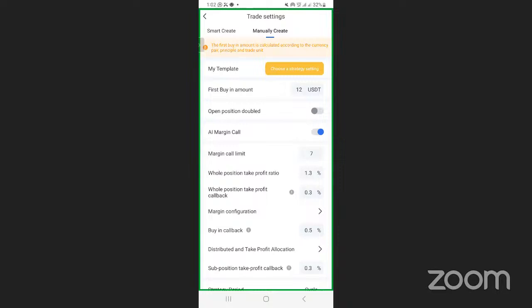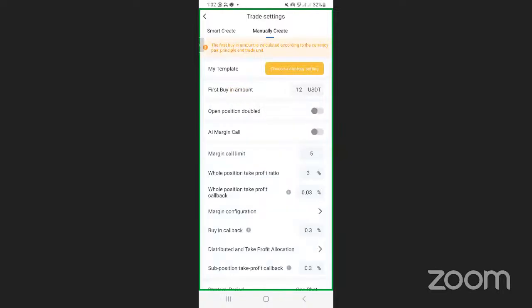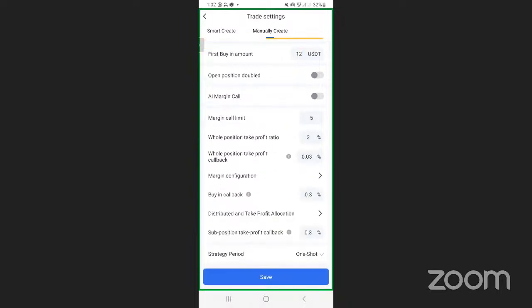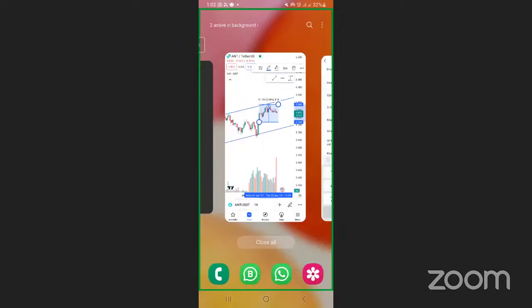First, we prefer manually creating the settings. So choose my strategy setting. You go to strategy setting. So you choose depending on what you set with your upline, and then you come and tell the robot that maybe your first buying amount is 12, margin calls is that, okay? So where we put whole position take profit, like what we measured, it was 2.